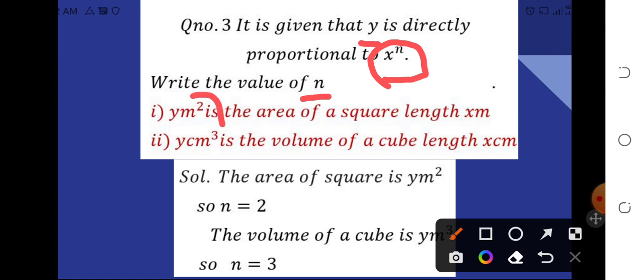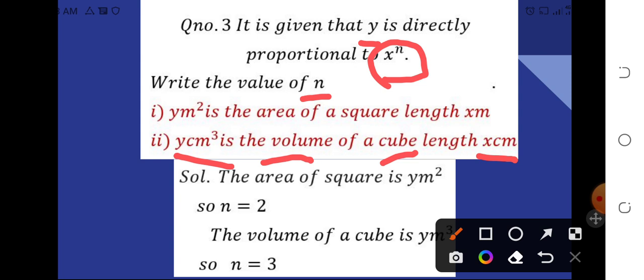Here in part 1 they have given us that y m square is the area of a square, and the length is x m. In part 2 they have given us that y m cube is the volume of a cube, and the length is x centimeter.